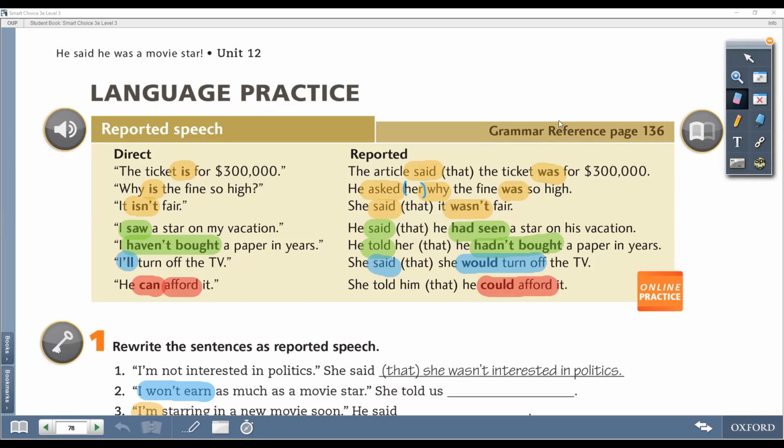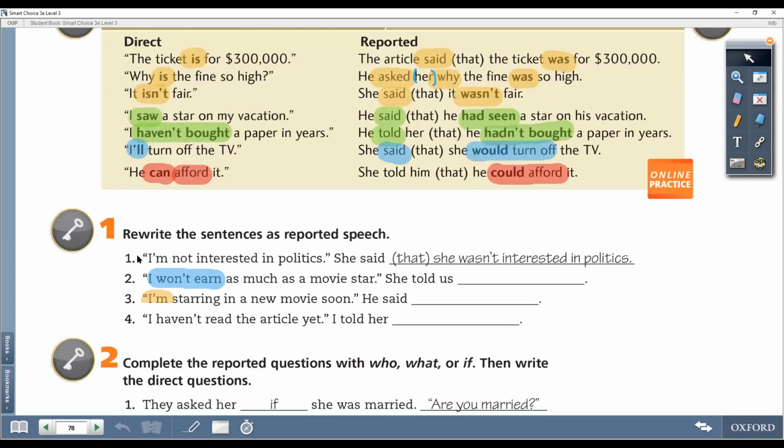Okay, guys. So while I save the picture, please, could you try and do the first activity here? Look, the first one, there is an example for you. I'm not interested in politics. Sentence is in the present. So when I report, I have to put in the simple past.